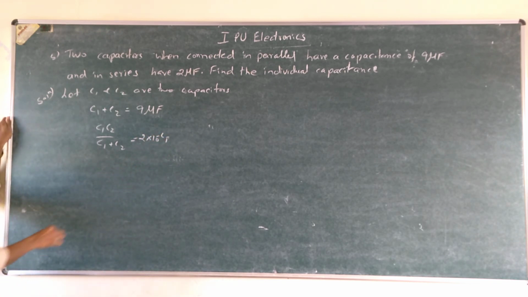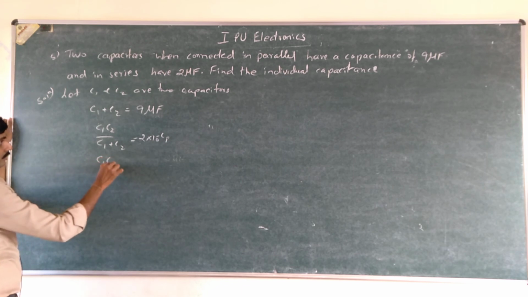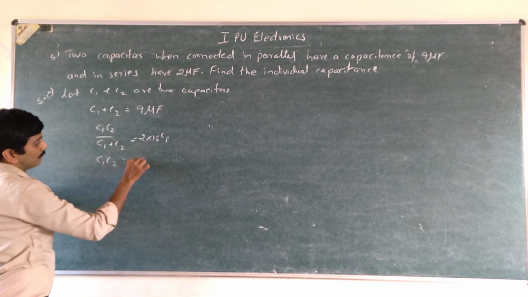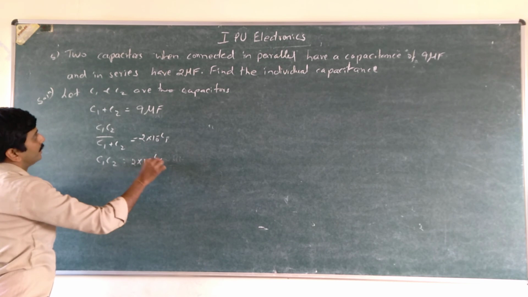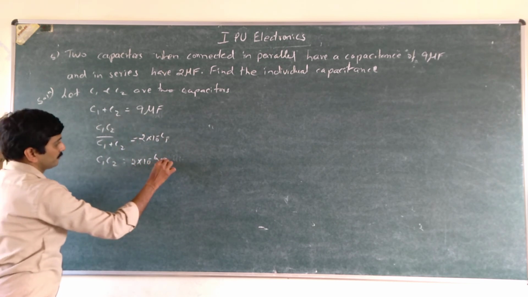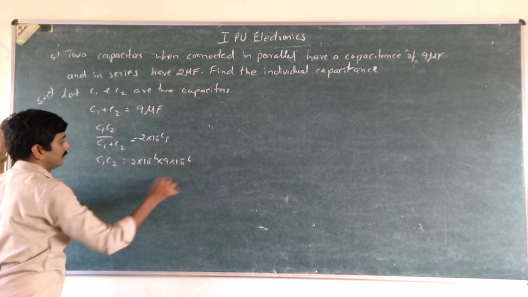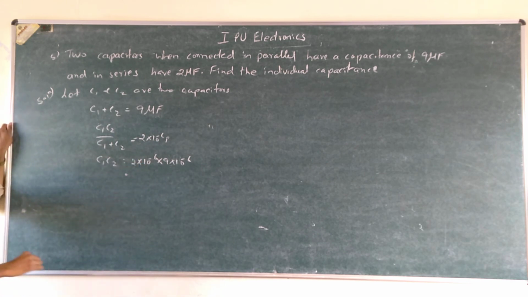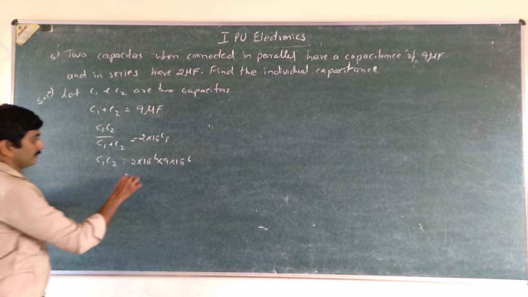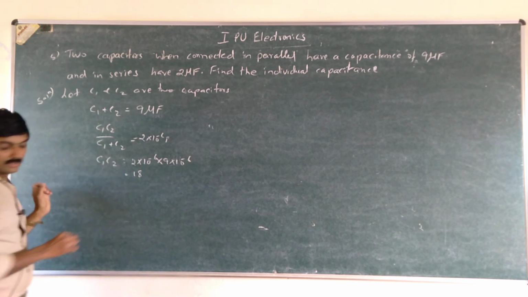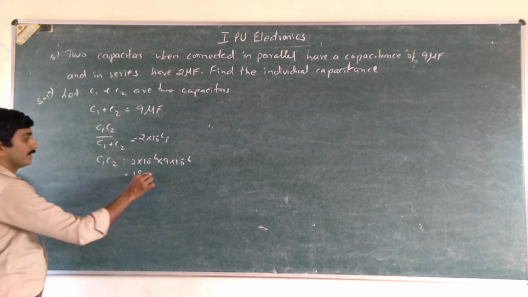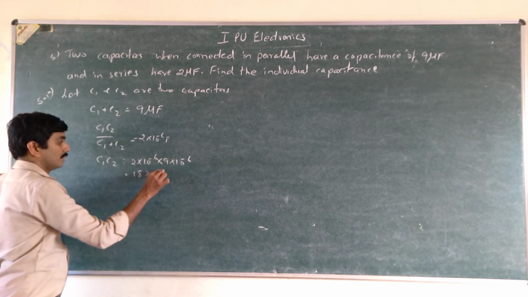So, what is C1 into C2? C1 into C2 is equal to 2 micro into 9 micro. You can neglect the micro values here, so you will get 18. C1 into C2 is 18 into 10 to the power minus 12.